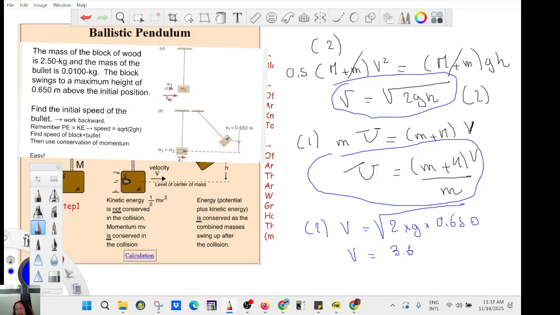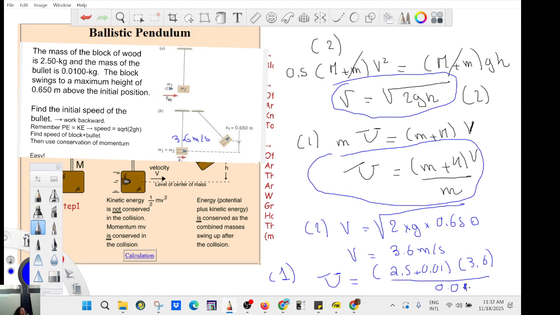So 3.6 meters per second will be the speed of the block when they move together. And then we can solve for the speed of the bullet, which is (2.5 plus 0.01) times 3.6 divided by 0.01.